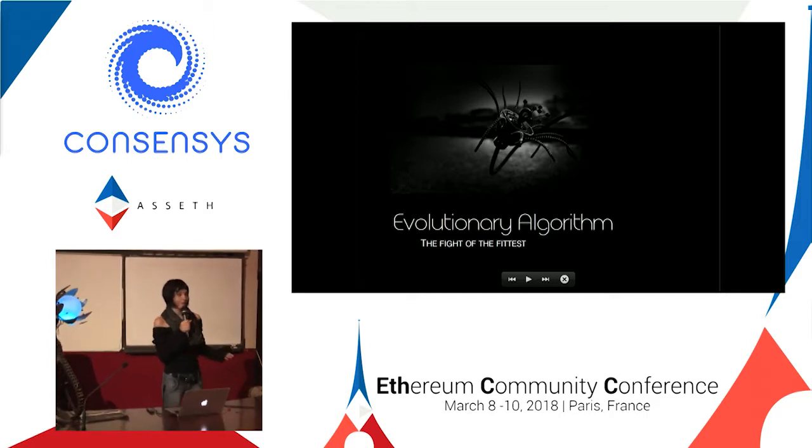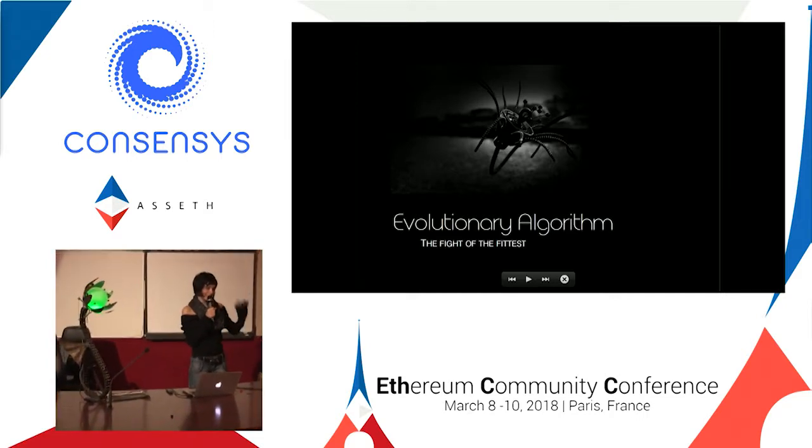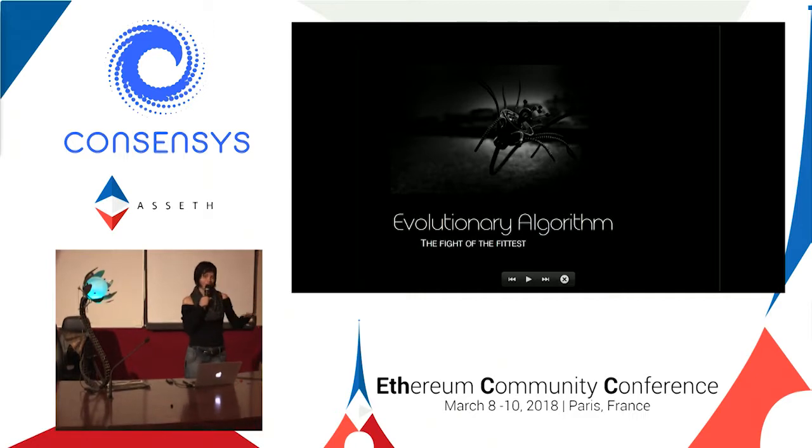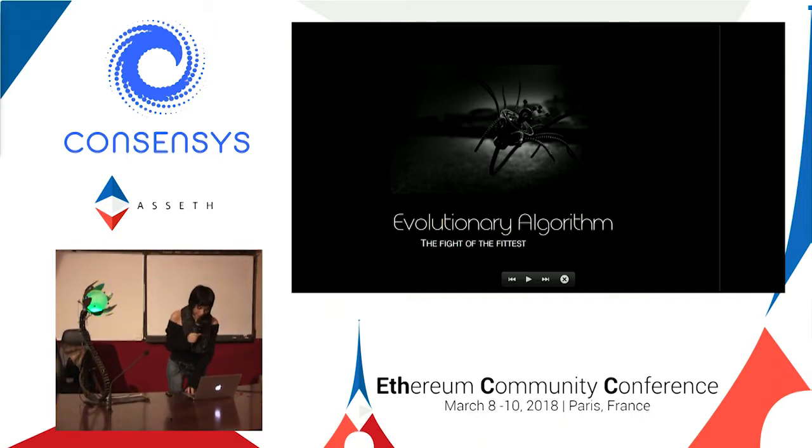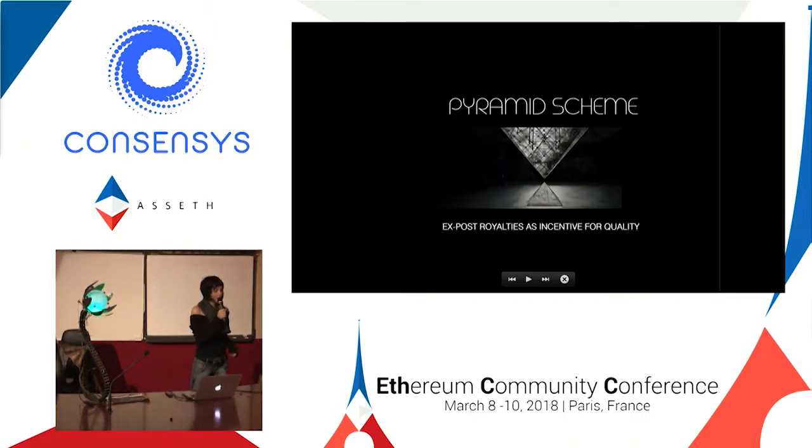And so the Plantoids that are the most interesting, either physically or intellectually, will be the ones that collect more money, and therefore will be able to reproduce more into those different species or branches of a Plantoid. Then there is the pyramid scheme, which is very essential as an incentivization system. Whenever the Plantoid reproduces itself, it sends a little bit of the funds back to its parent, the Plantoid that created it, and a little bit of those funds also go to the artist that made it.